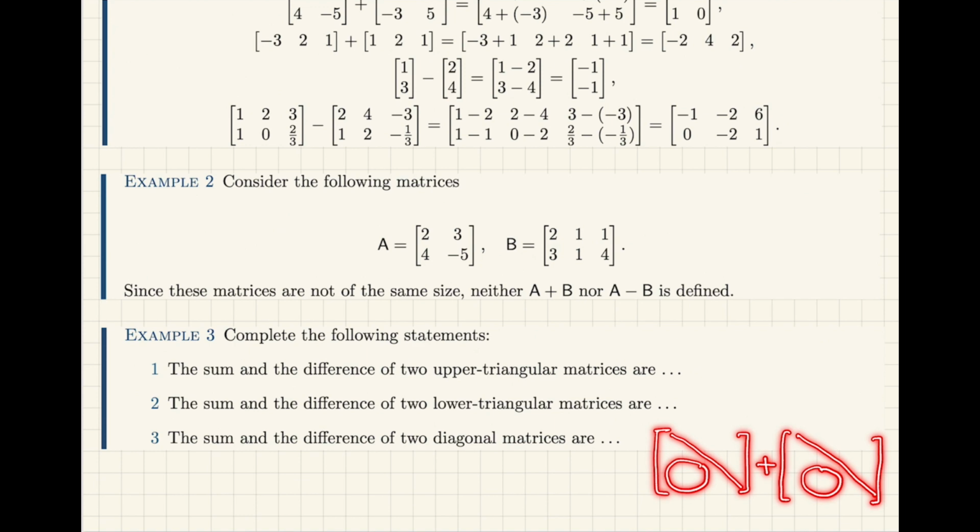If I have two upper triangular matrices and I add them, because I'm going to add them component-wise, entry-wise, it is clear that these zeros will be added to corresponding entries here, which are also zeros, so they will remain 0. So it means that the sum of two upper triangular matrices is again an upper triangular matrix.